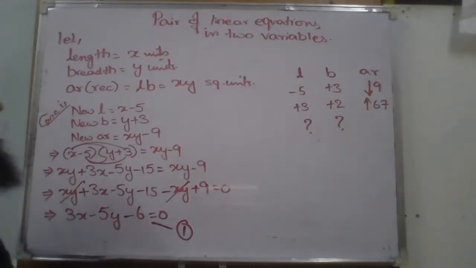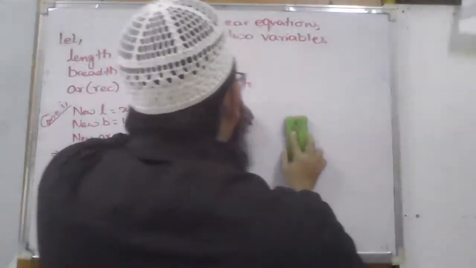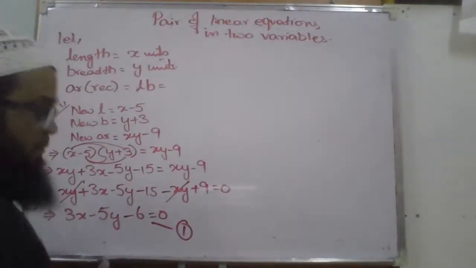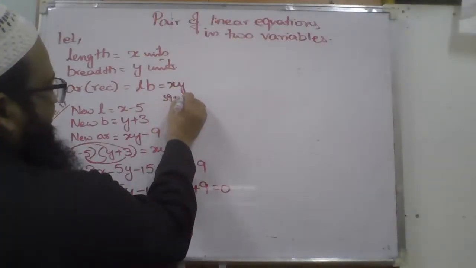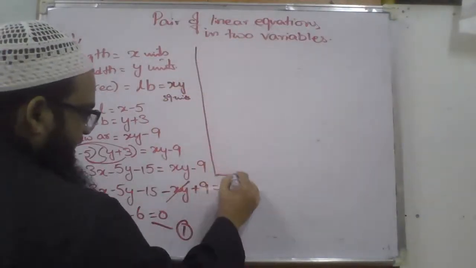Now let us see the second case. It is xy square units. What is the second case?